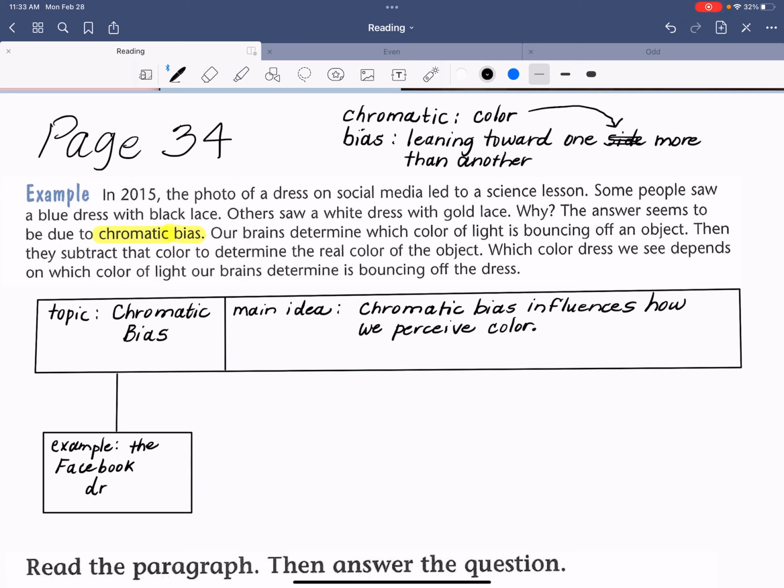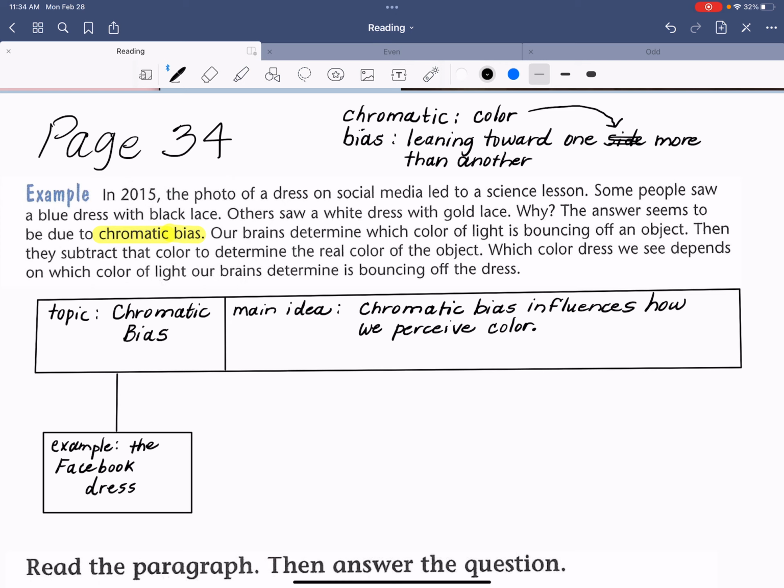So they're using that example of the Facebook dress as an example of how this process works. Now, if you don't have Facebook, you will probably not have seen this particular story. This is why I encourage you to read, even if it's on Facebook. That's better than not reading at all. Be careful what you read on Facebook, but if you read anything, you're building your reading comprehension.